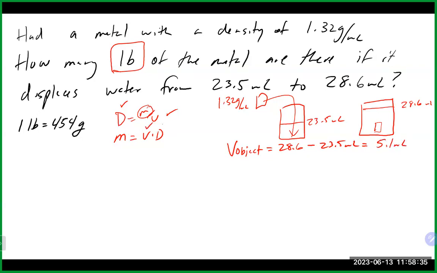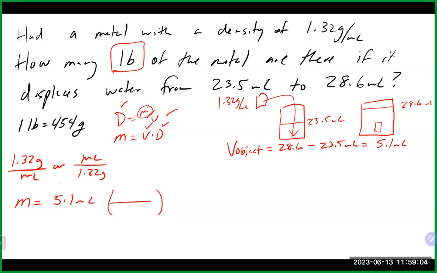So now we have the volume, and we do have the density. We could also use the density as a conversion factor. You can say 1.32 grams over a milliliter, or you could say a milliliter is 1.32 grams. That allows us to do this problem with more of a dimensional analysis approach, where the mass would be our volume of 5.1 milliliters.